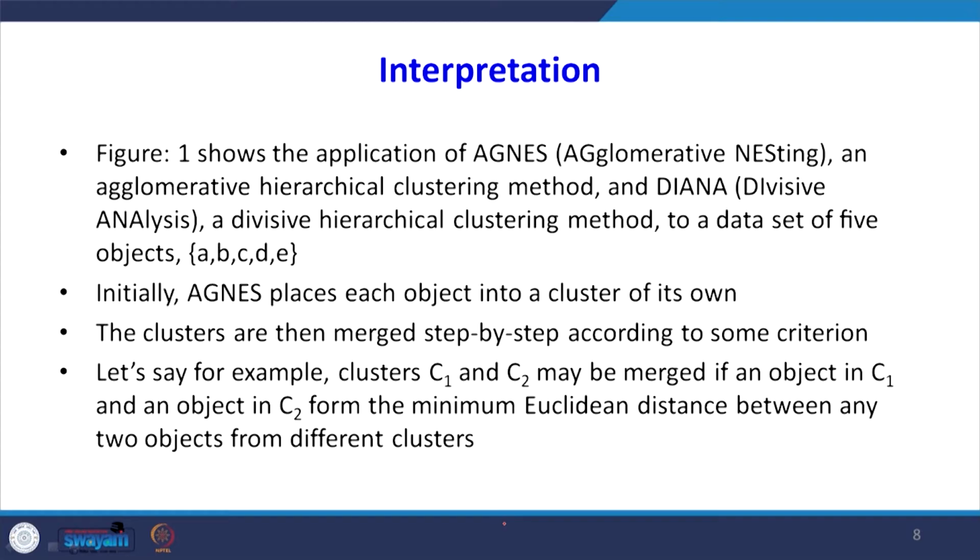There is only one item. The clusters are then merged step by step according to some criterion. For example, clusters C1 and C2 may be merged if an object in C1 and an object in C2 form the minimum Euclidean distance between any two objects from different clusters.